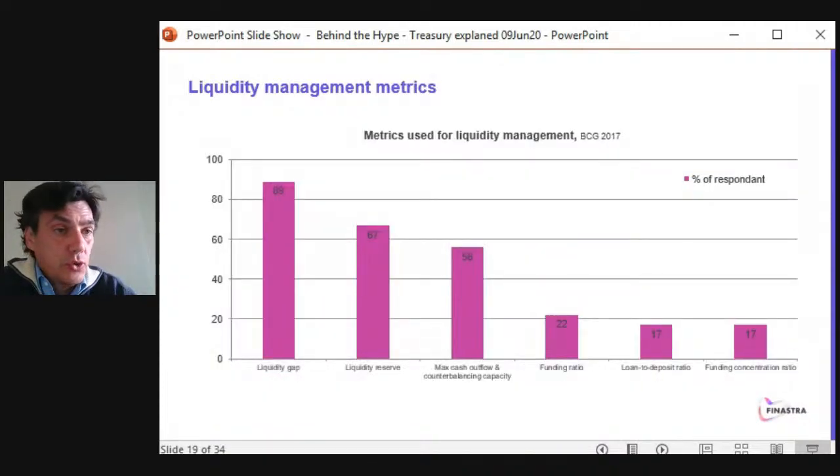What are the tools, the metrics, to manage your liquidity? So usually the most used ones are the liquidity gap. So it's a time ladder with your assets and liabilities, and you look at how much you are positive or negative. Obviously, you need to have some buffers, and those are the liquidity reserves.